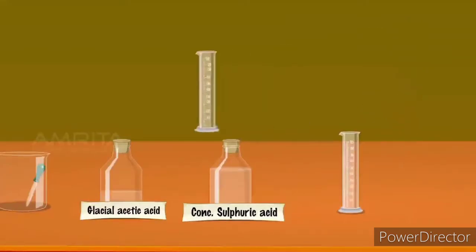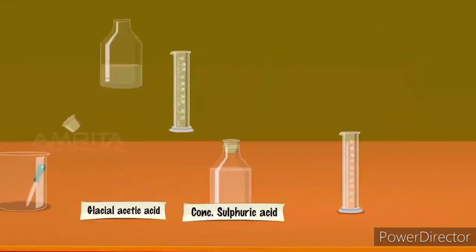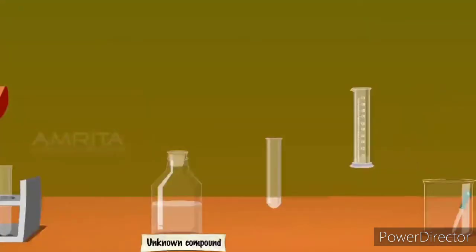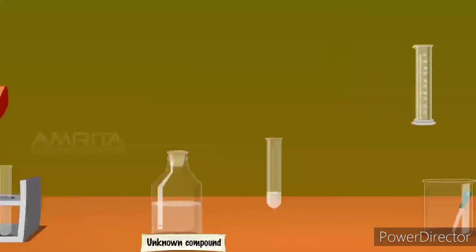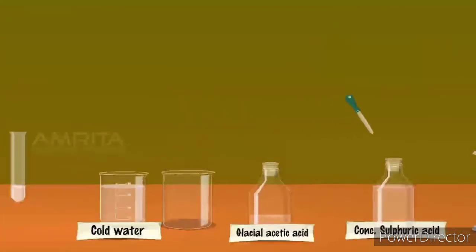Take another measuring jar. Pour 1 ml of glacial acetic acid into it. Pour it into the test tube. Take a dropper. Add 2 to 3 drops of concentrated sulfuric acid into the test tube.